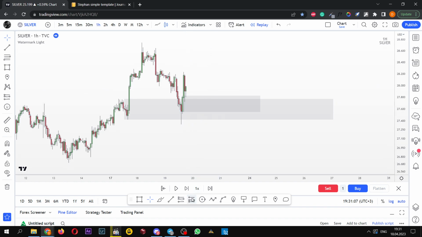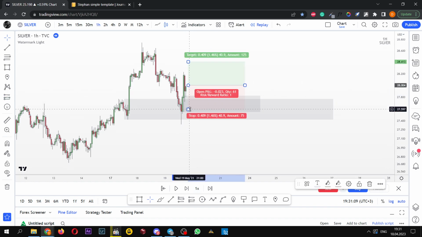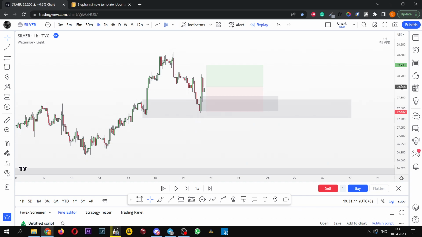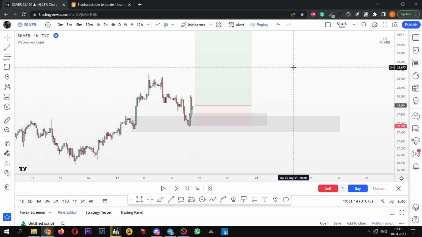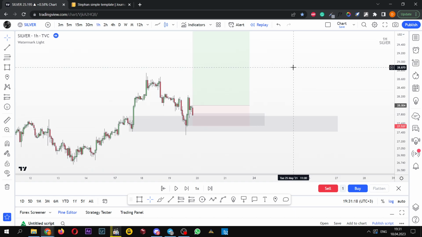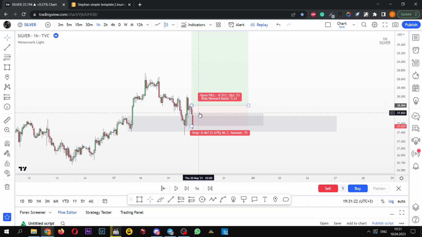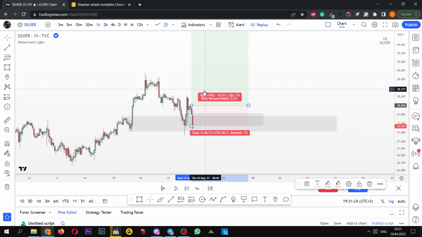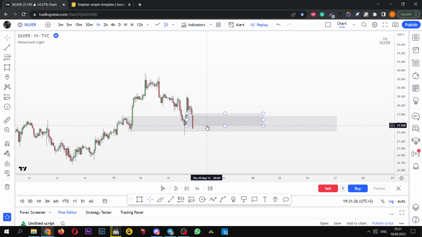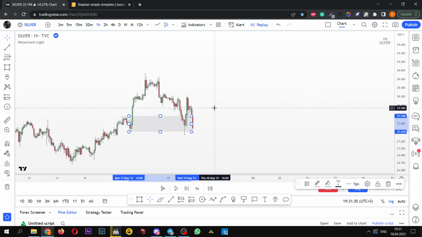If we go above this, I'm fine with taking this trade and just protecting myself here. Okay, no tap yet. If I go tap, then this is a loser. If I didn't go to tap, then this is just cancel of an order. And it seems like we will just break this one.